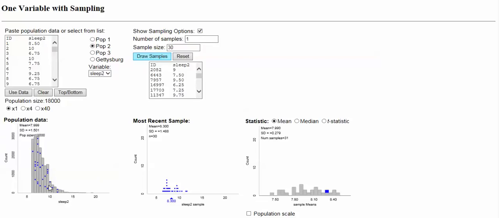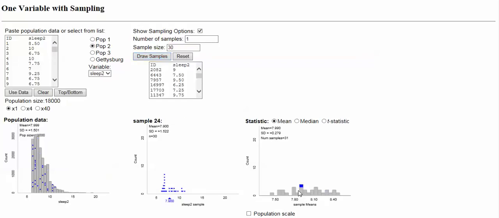There's also, since there's a bigger sample size, more higher people mixed in, like there is here, which brings up the sample mean. Since these possible samples of 30 tend to include higher sleep times mixed in, all of those possible sample means aren't quite as low as they were before. That's why they're starting to form a normal distribution.